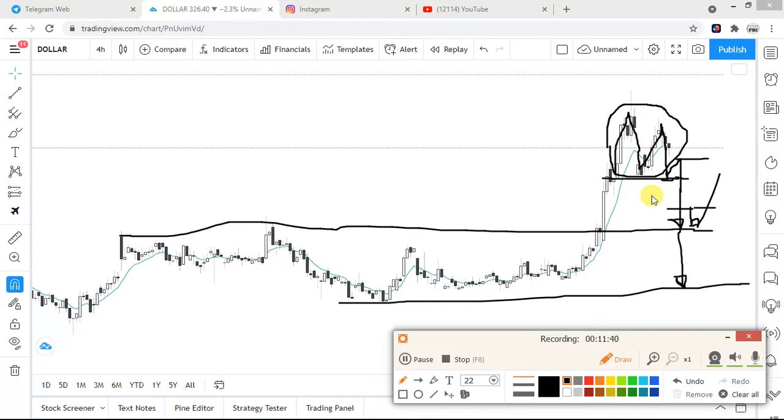So a pullback can make you lose. So what you should do here is wait for a pullback or consolidation so you can enter your market freely without a huge risk. You minimize your risk and then you enter, then you make money.